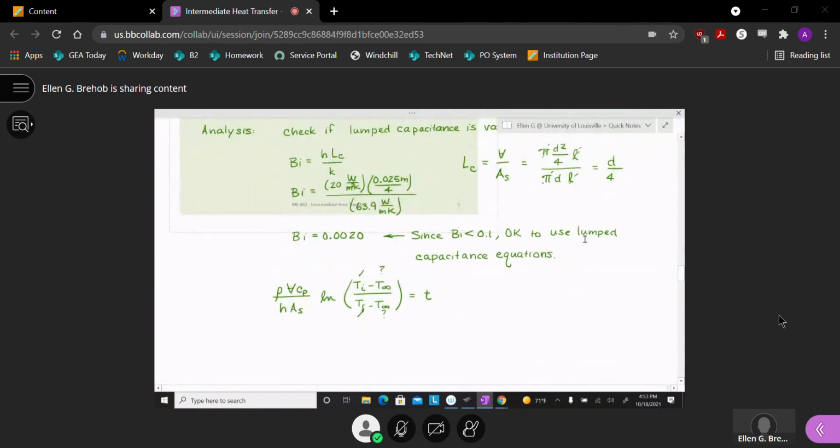Okay. One thing to mention, characteristic length gave us volume over surface area. So it may be easier, rather than going through that calculation again, I could put rho d C sub p over 4h. And the natural log.